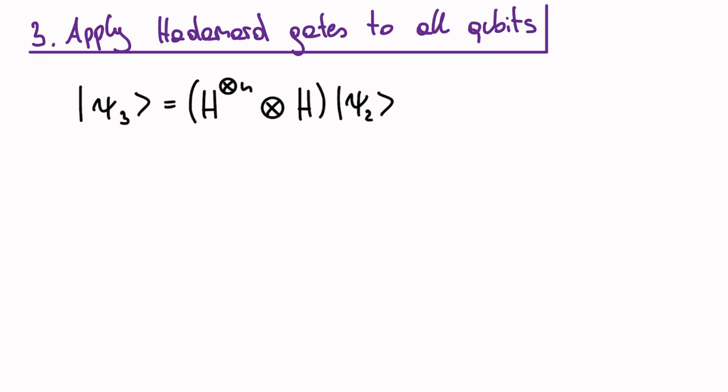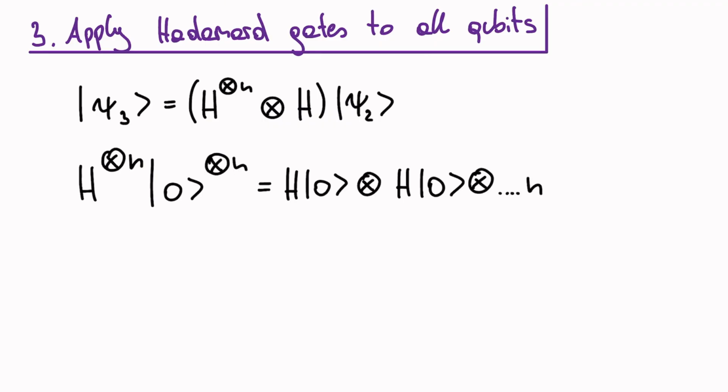Let me explain what that means. We apply a Hadamard gate to each of the input qubits, and all of those qubits are still in state 0 from the previous step. So we apply n Hadamard gates, one to each 0. If we write this out in words, we have Hadamard on 0, tensor product with Hadamard on 0, and so on, one for each input qubit.